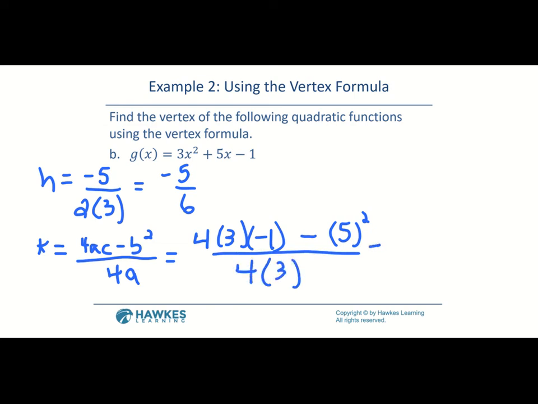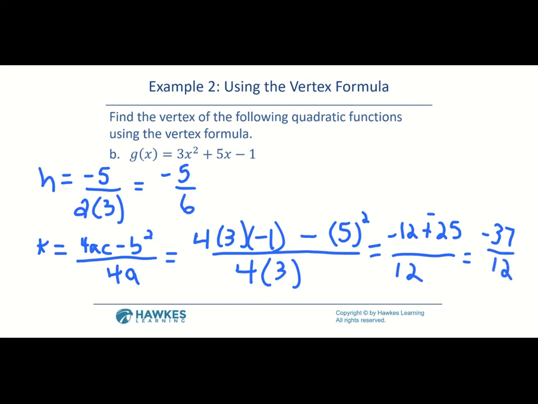So let's see. On the bottom, we will get 12. 4 times 3 is 12, times negative 1 will give me negative 12 minus 25. And again, we can make that plus a negative 25. So negative 12 plus negative 25 is going to give me negative 37 over 12.